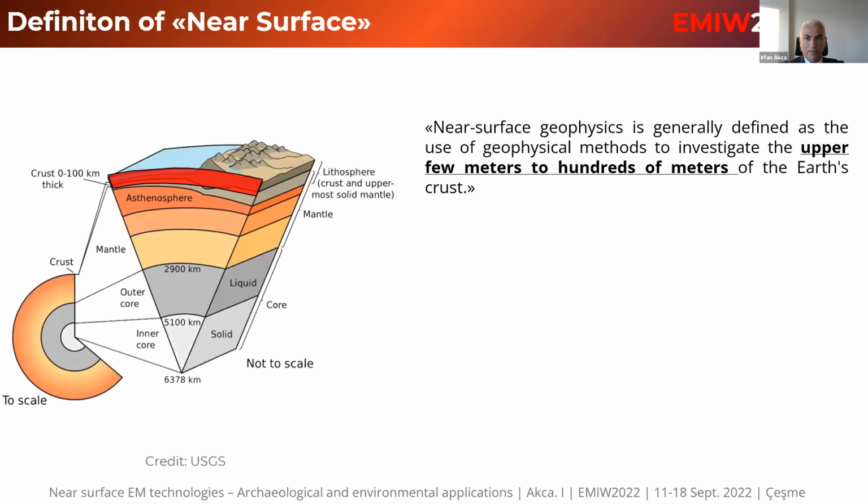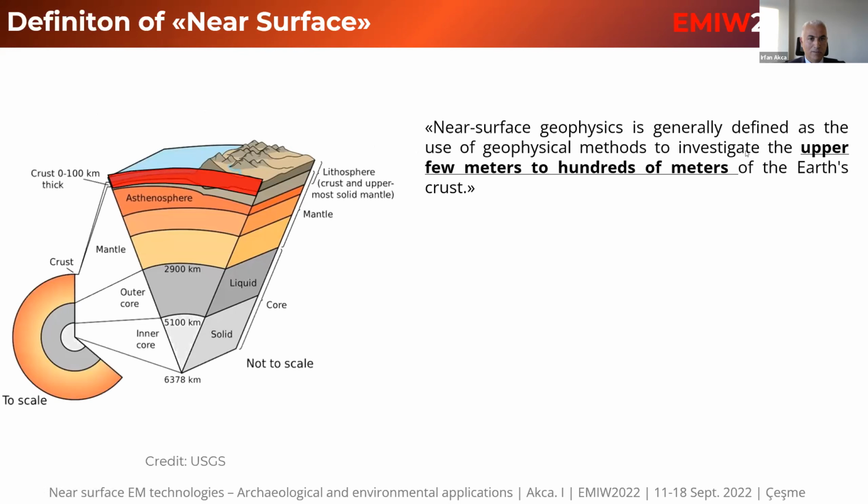Okay, let's start with the definition of near surface term, because there has been also made some reviews about near surface applications, but this near surface is not a strict word, so it may change from one to the other.